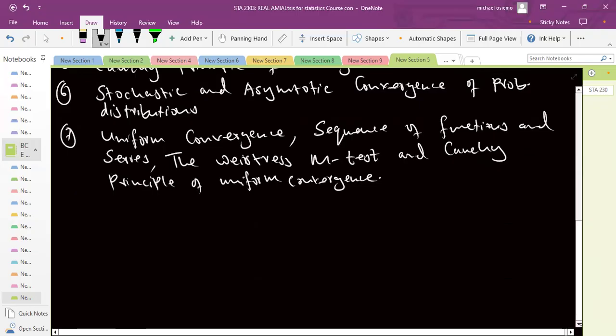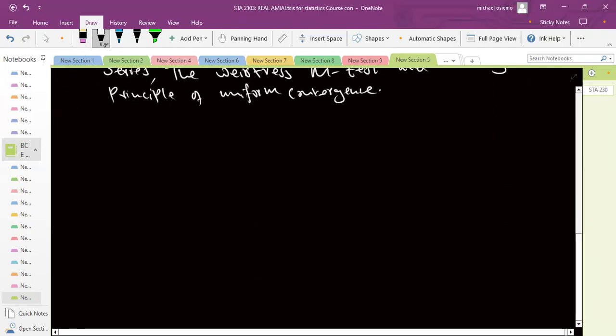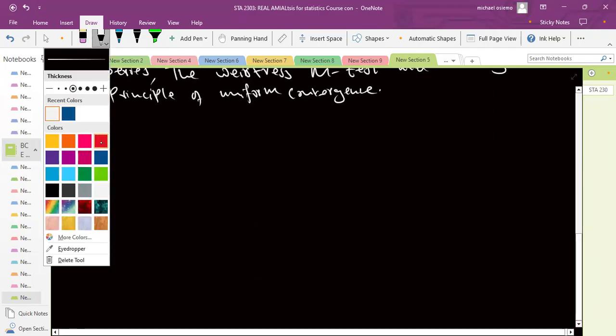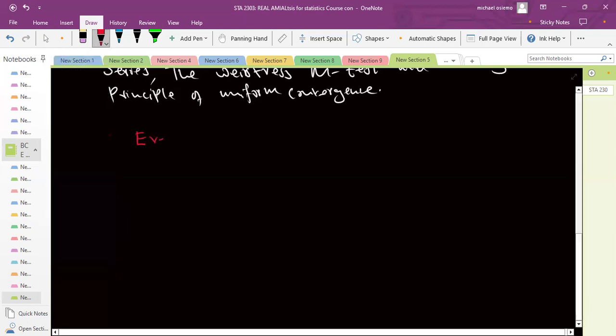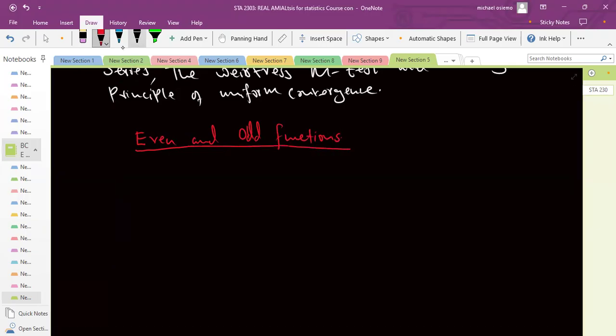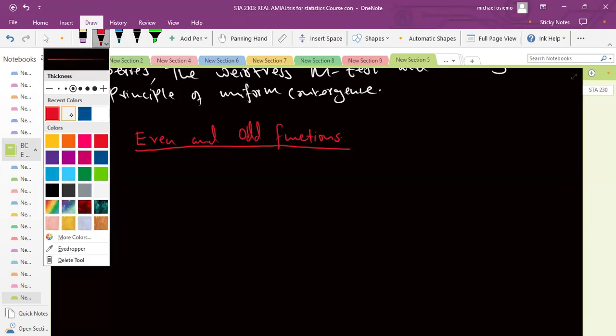Right here, even and odd functions. Now, what is an even function?